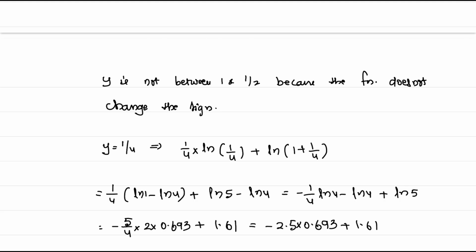Please check. It is minus 1.732 plus 1.61. That means it is changing the sign. Minus 0.12.